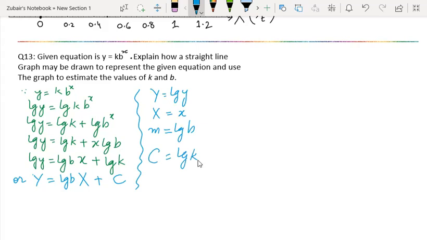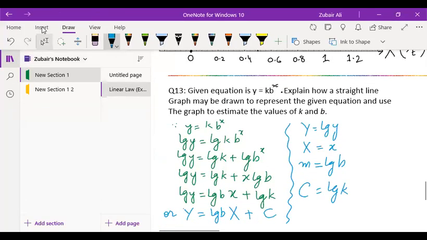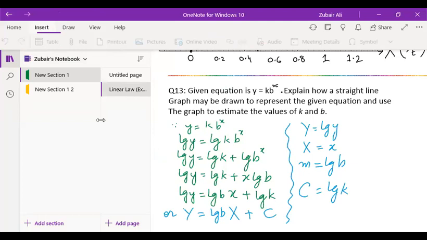Right. So now we need to plot the values. By the way, where are the values? So I copy here the values of x and y which are given in the question. So I should write here the table. So I have to insert the table.